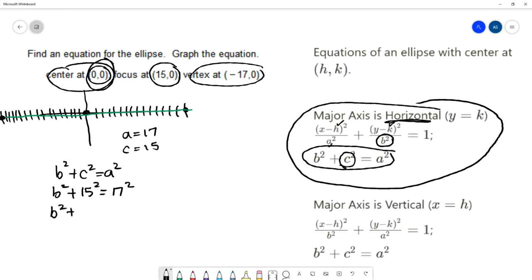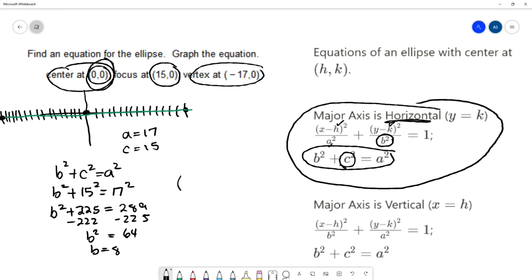So 15 squared, I think, is 225, and 17 squared is 289. I'll subtract 225 from both sides and get 64 equals b squared. So that means b is 8. So now I have all of the information to fill in the equation of my ellipse.